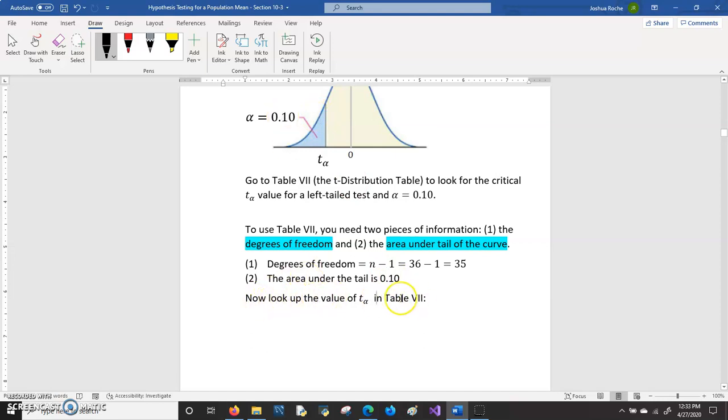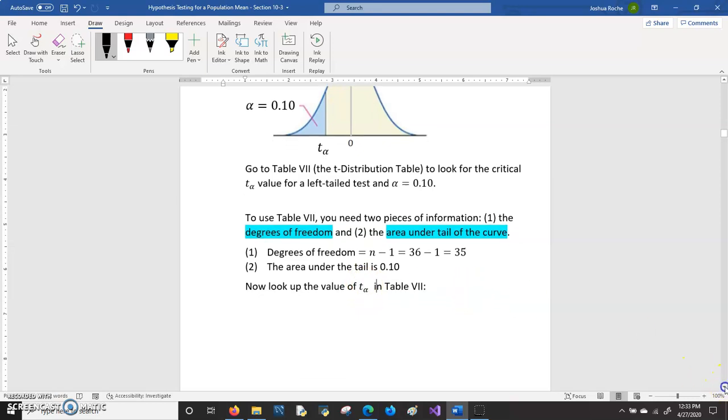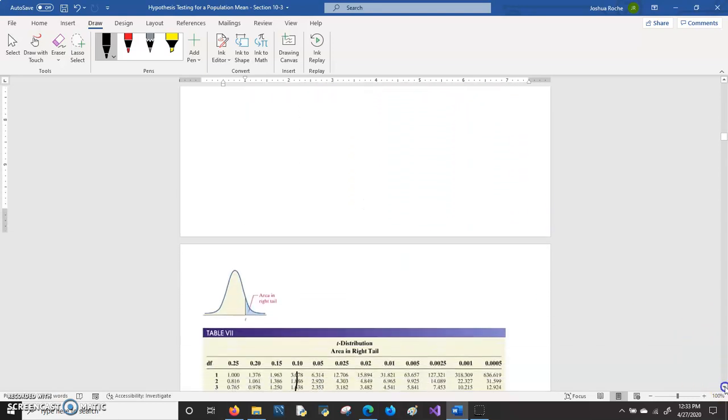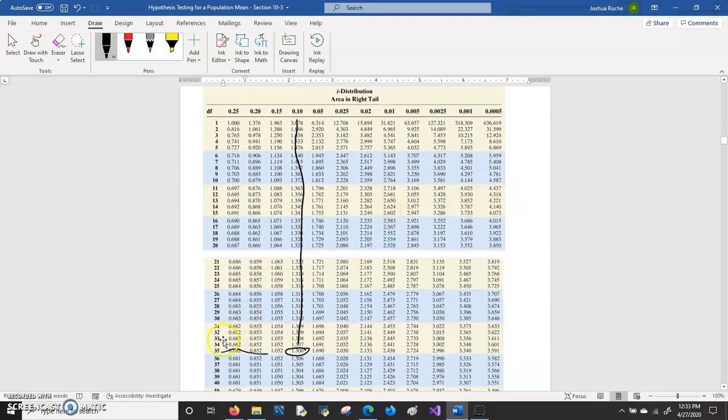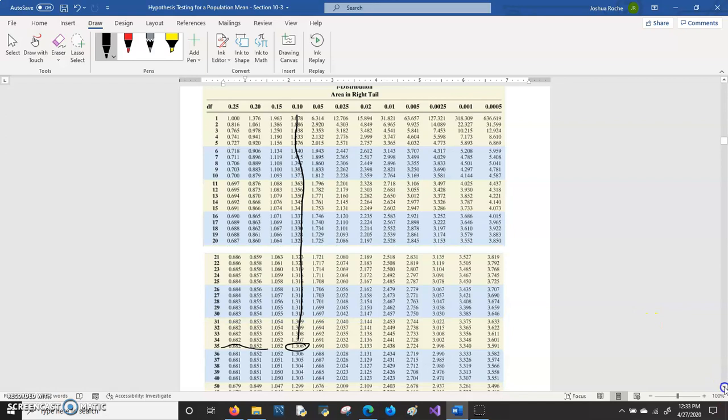Now we'll go to table 7 and look up the value of the critical t-value. And so here's 35 degrees of freedom. Here is the area of the tail, which is 0.10, and they line up at 1.306.